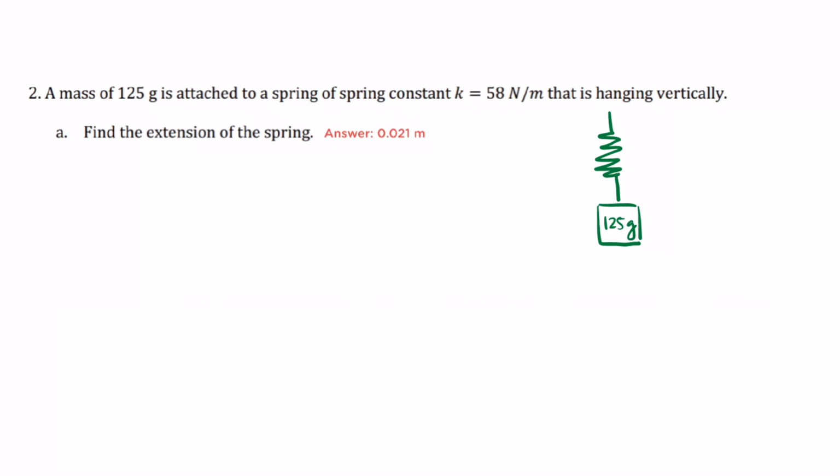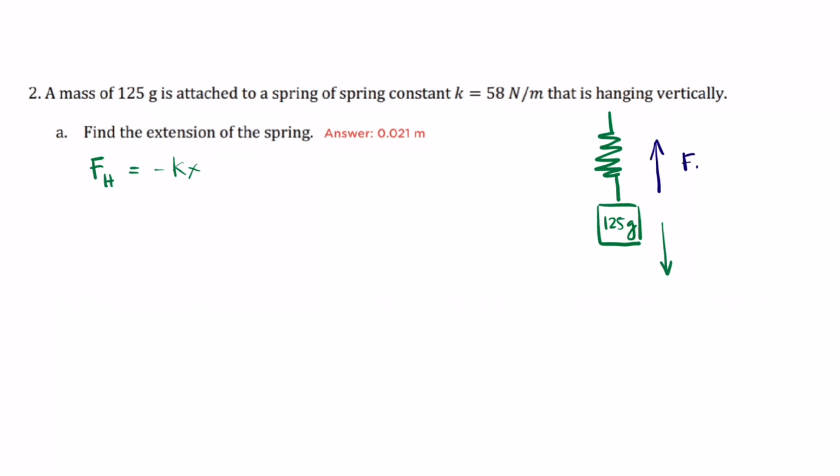So recall that spring force is equal to Fh equals negative kx, where the negative sign here tells us that the spring force is a restoring force. So for example, if the weight of the object is pulling the spring downwards, the spring force would actually exert an upward force.